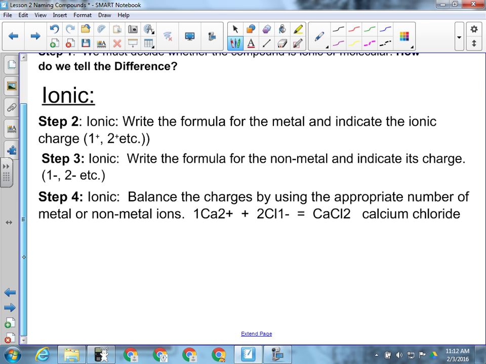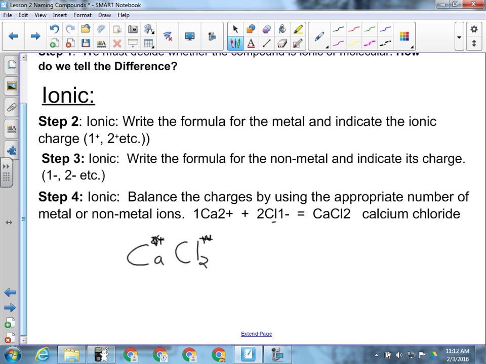So if I was dealing with, let's say, for this one here, for calcium and chlorine, okay, I would write calcium, 2 plus, chlorine, 1 minus, and then drop and swap. So the 2 comes down here. This is a 1, it goes here, but we don't write 1s. There's the formula for calcium chloride, CaCl2. Okay, is that pretty straightforward?